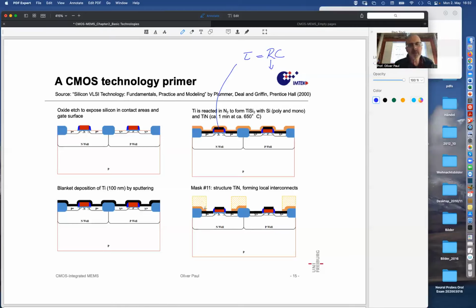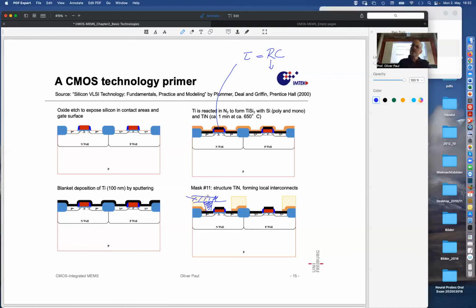In some processes, actually, this contact is contacted directly by some plug and then insulated, and then another metal layer is deposited on top. So that could be a tungsten plug, and then some, I don't know, aluminum or copper metallization. This is also done.